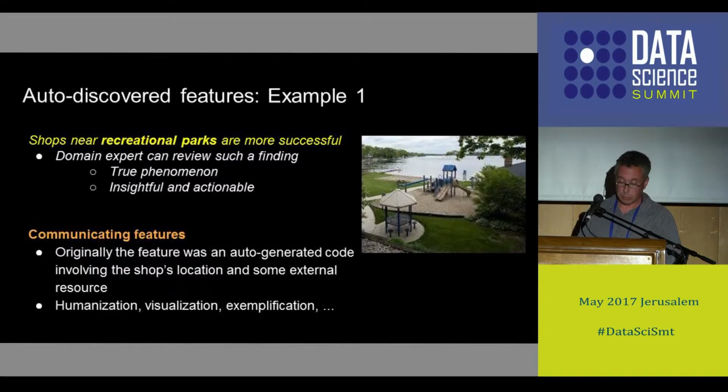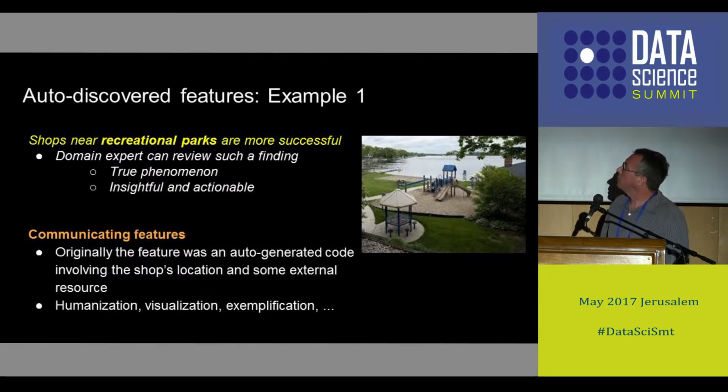I want to discuss a few features automatically discovered by our engine in various projects, and I would like to show you how we communicate them to the user and why this is so important to do.